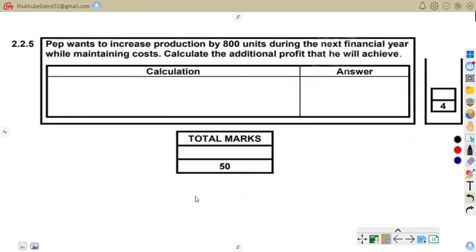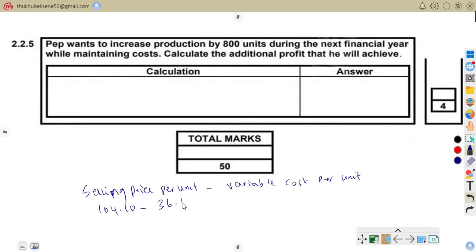Selling price per unit minus variable cost per unit. Our selling price was 104.10 minus 36.10, and this will give us 68.